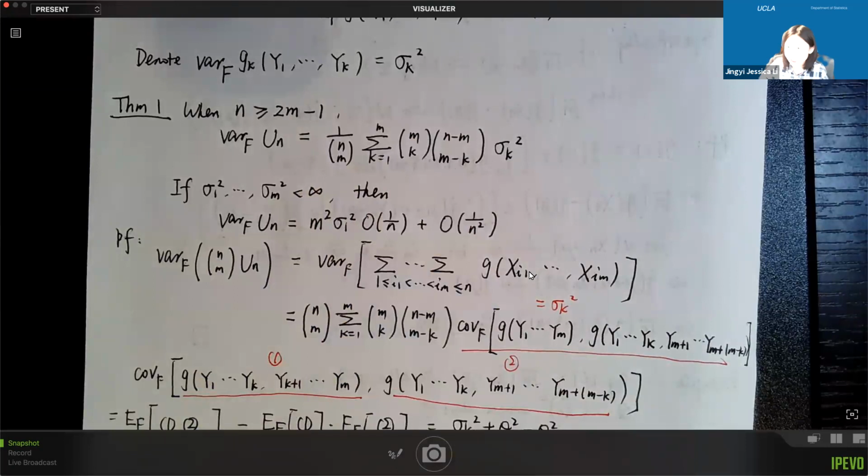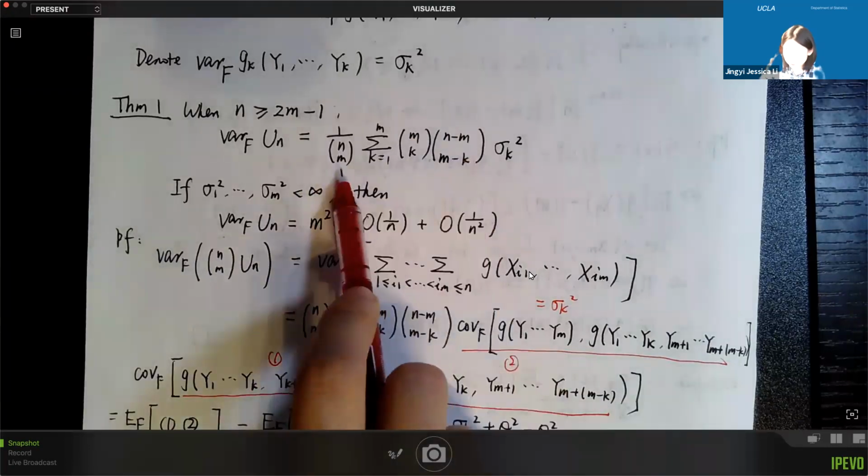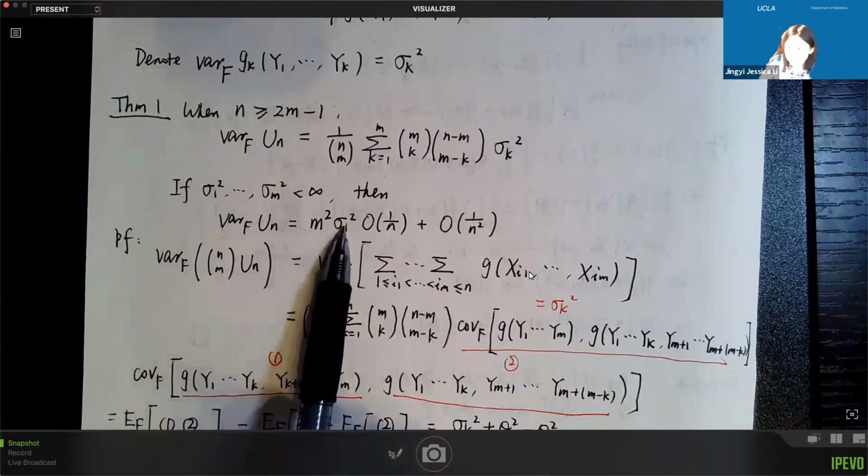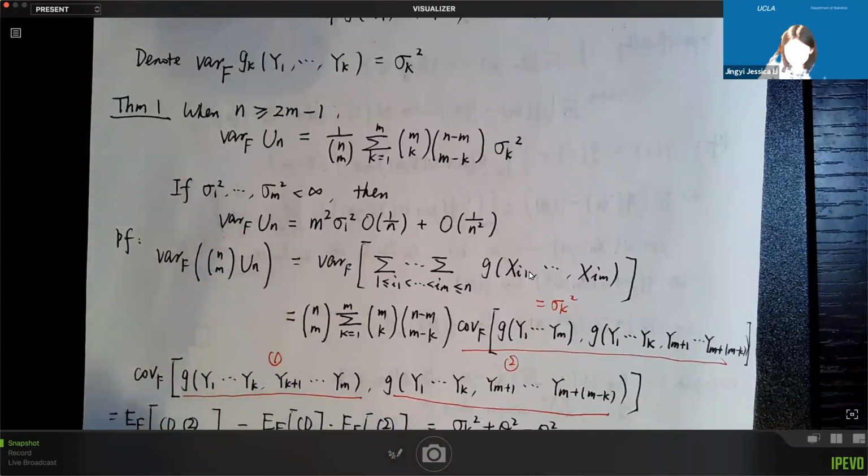You count how many terms you have for n in the numerator and in the denominator, and you will see this immediately. But this gives us a very promising simplification: to worry about the asymptotic distribution of the U statistic, we only need to worry about sigma 1 squared. And that's so nice. So that's the first result.